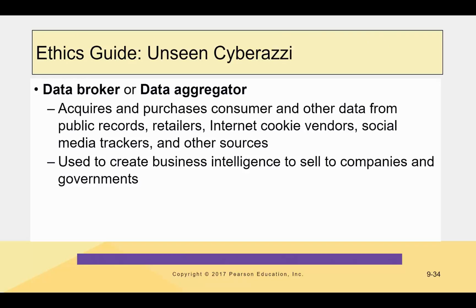Ethics guide. Let's look at how a company acquires and purchases consumer and other data. You know, if you're buying data, let's say I am doing some research, and as a professor at Western, I'm doing research, and I am trying to look at some of the demographics of Warren County, and I'm comparing that with, say, Butler County.